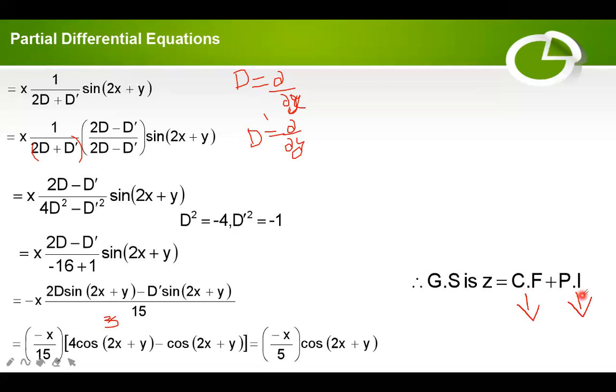So like that, in case of either sine or cos, we have to replace D square with minus a square, D dash square with minus b square, and D D dash with minus ab, and simplify it. So like that we have to continue to solve these problems.